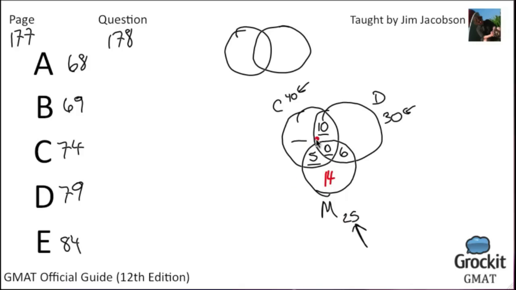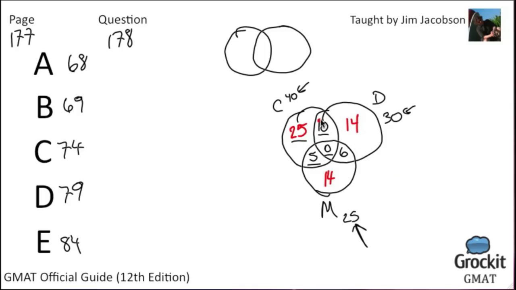We do the same thing for the other 2. For the chess club, 10 are also in drama, 5 are also in math, which means 15 are in something else. So 25 are not in something else, they are just in chess. Likewise, 10 and 6 are in something else for drama, so 14 are in just drama.